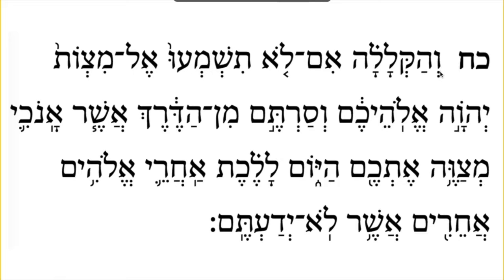This is a vav, and this is going to be sounded. So this is a ve, this shava, and this is a hey with a patak, which says a. So this is ha, ve, ha, and this is a kuf. You know what?